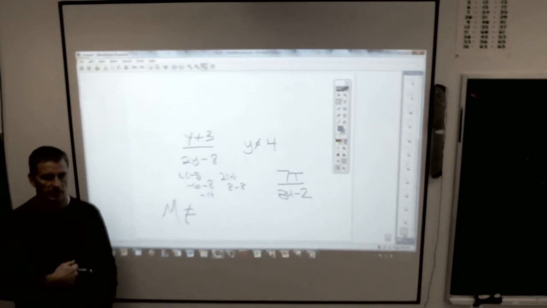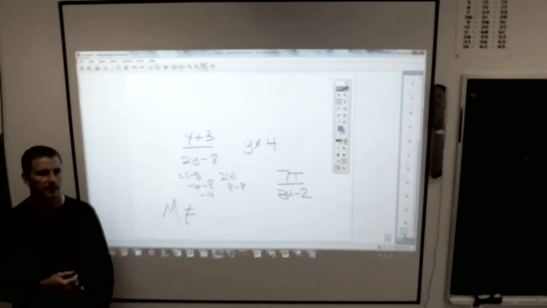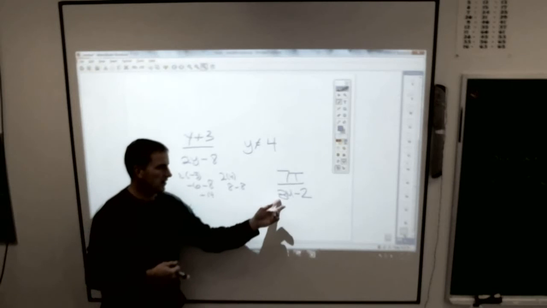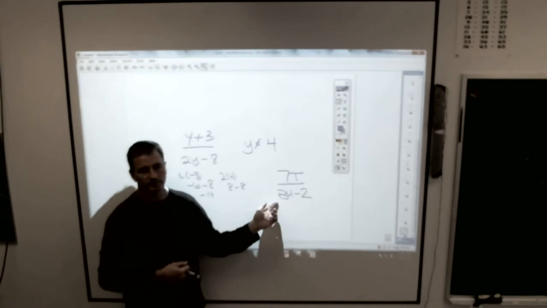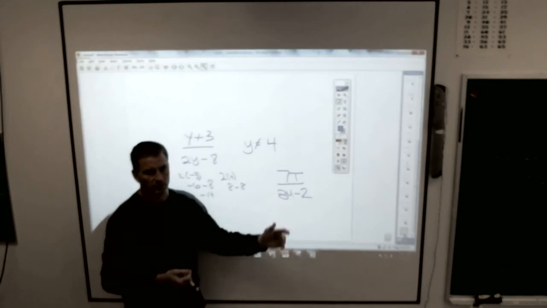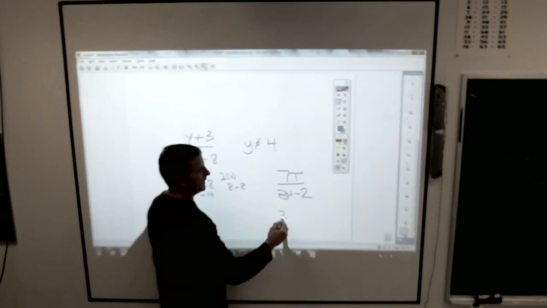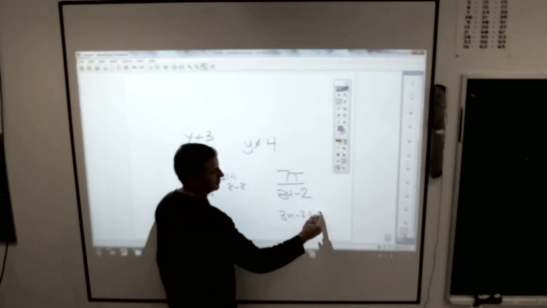I like how all of you try to do this mentally. How would you think of your mathematical careers, people? Think, how could I set all of this up? What am I looking for? I don't want this to be what? 0, right? So write yourself an equation. When will 3m minus 2 equal 0?